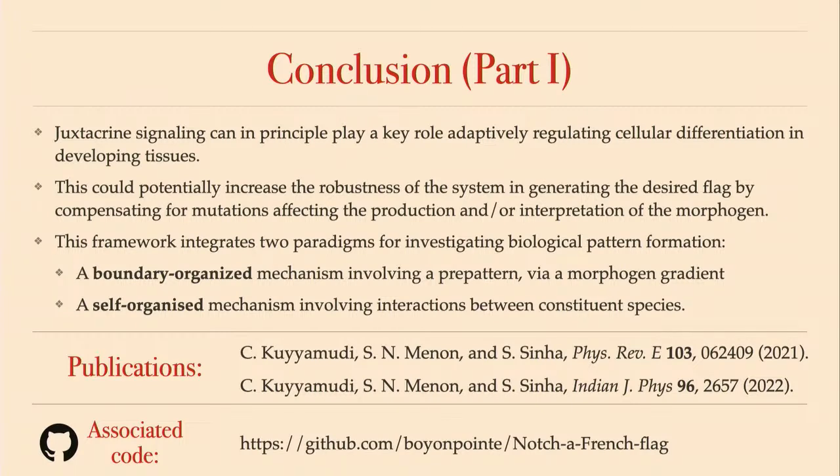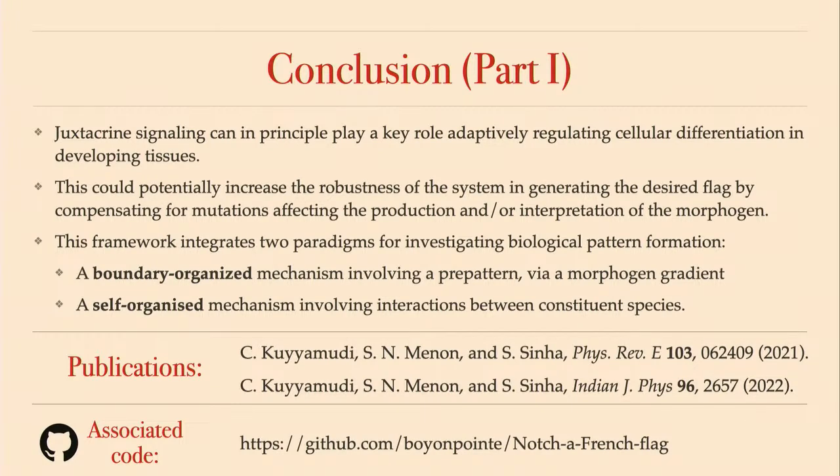And you can get the desired flag in a way that could potentially compensate for things such as mutations or things that affect the interpretation of the morphogen and so on. So this could be a way of conferring robustness. That's one interpretation that we had.